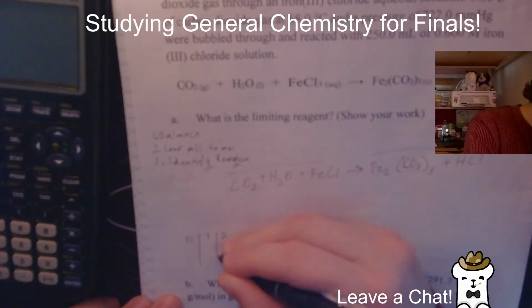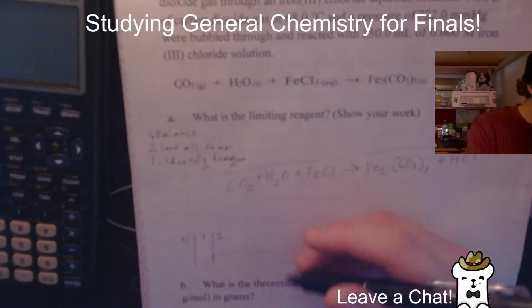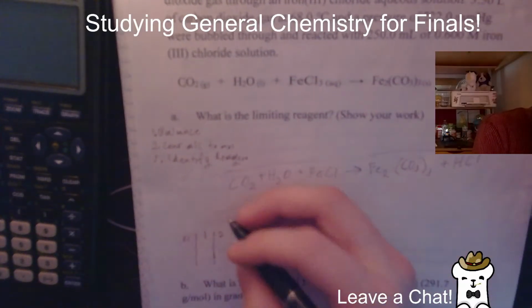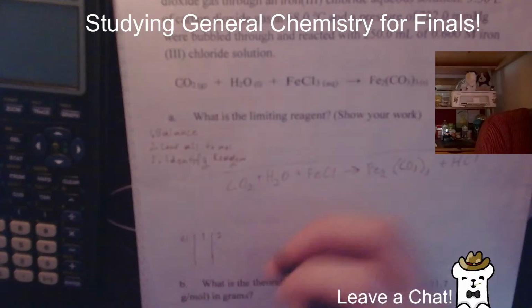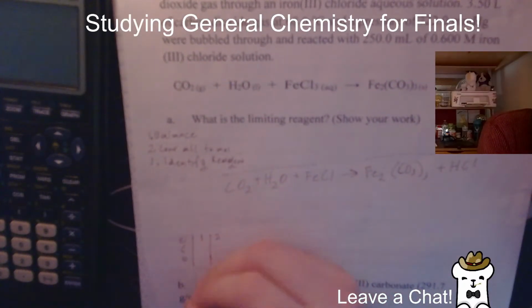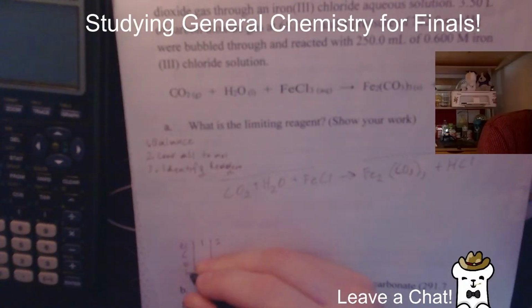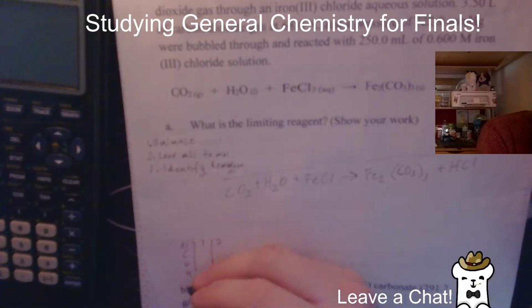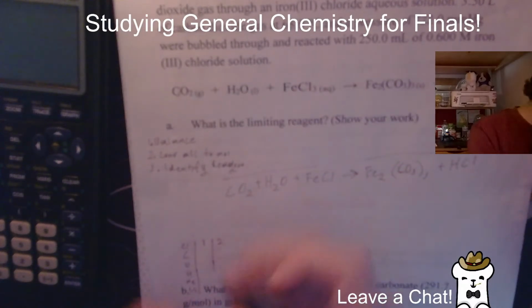So we go by here. We can first start off finding each element in here. We have the C, we have oxygen, hydrogen, and then we have Fe and Cl. It seems like a lot, but honestly, it's not that much.